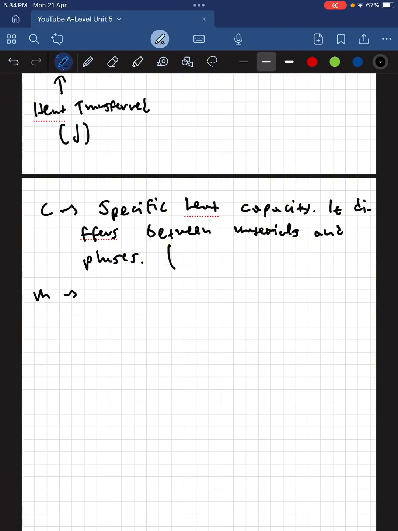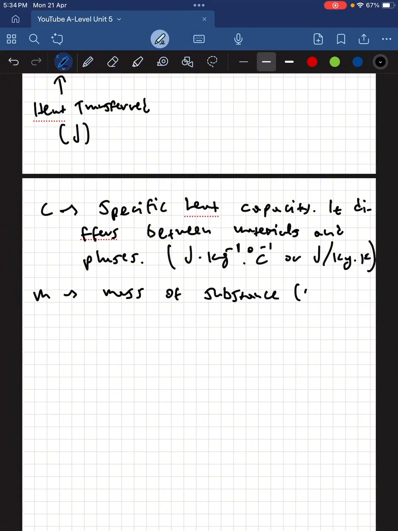C is measured in joules per kilogram per degree Celsius, or joules per kilogram per kelvin. Mass is the mass of the substance, so M is the mass of the substance in kilograms, and delta theta is equal to T final minus T initial, in degrees Celsius or Kelvin.